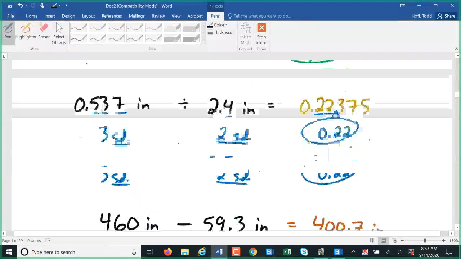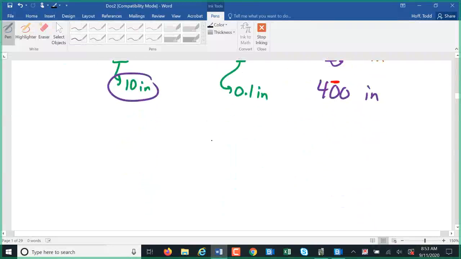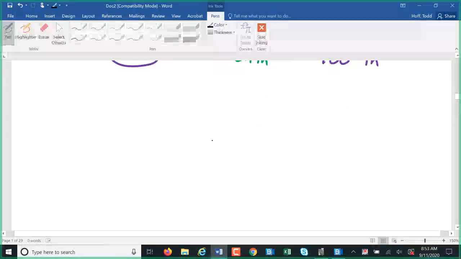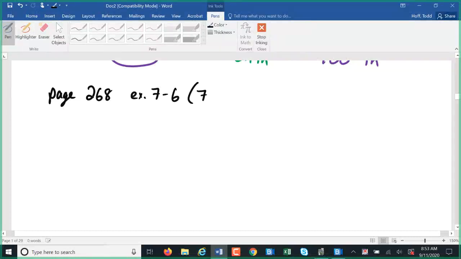Well, since I only gave you like 30 seconds of work time in the first hour, we'll give you a little bit more work time here right now. Remember from the first hour, it was page 268, exercise 7-6, 7 through 25, the odd, talking about basically significant digits.